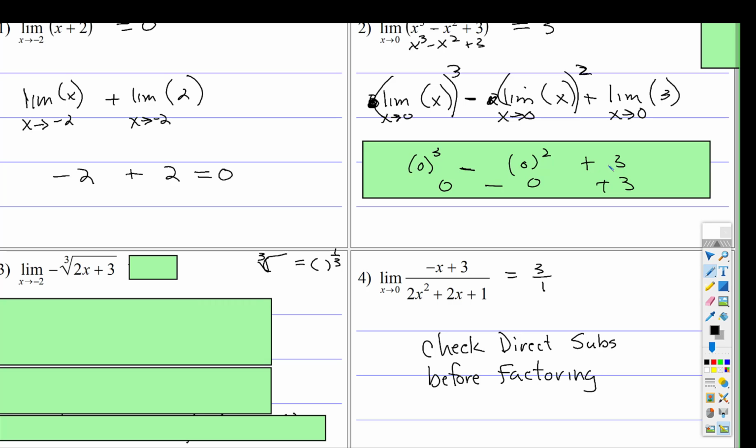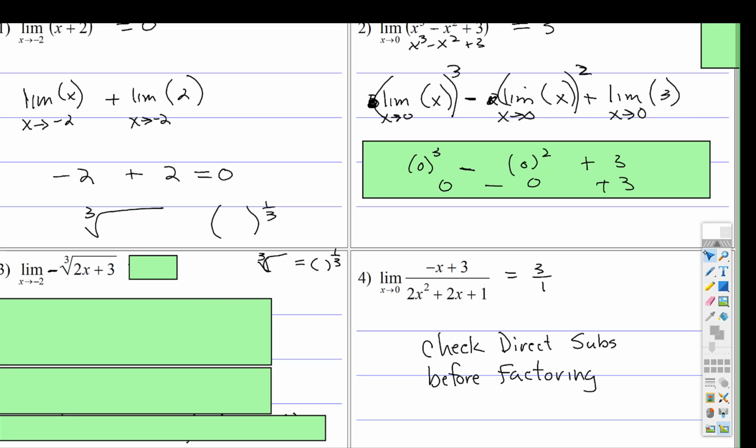All right, so now down here, you just need to remember that a root is the same thing as a power of 1/3. So that's all I wrote right there. It's saying that the whole function inside is under a cube root, but there's a negative sign on the outside.